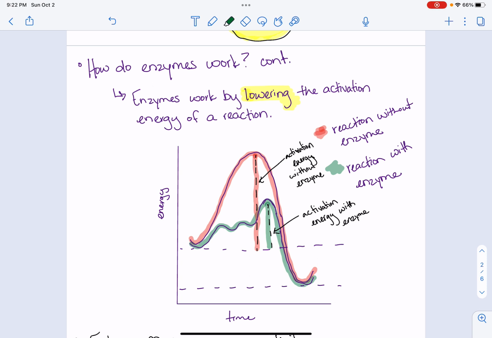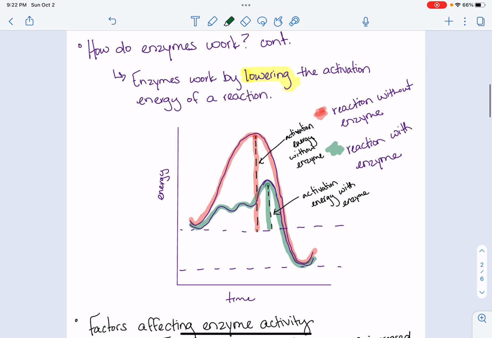There's less energy needed for the reaction to occur, so it can happen at a faster rate. Sometimes it ends up increasing the rate up to like 1,000,000 times. So the activation energy is lowered, which makes the reaction speed up.